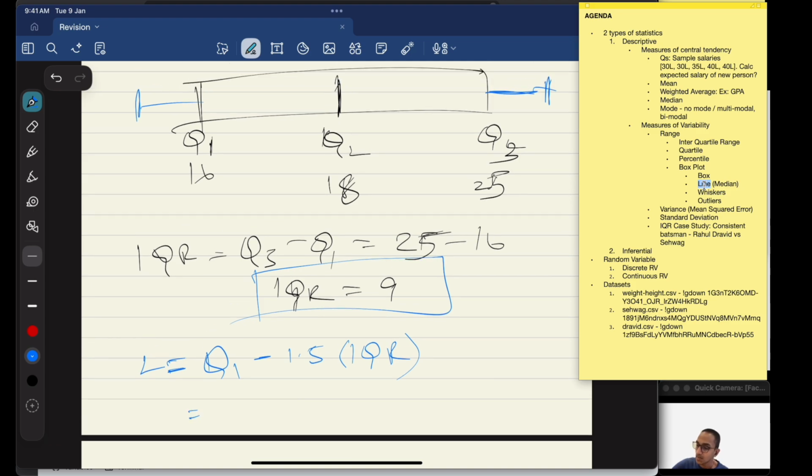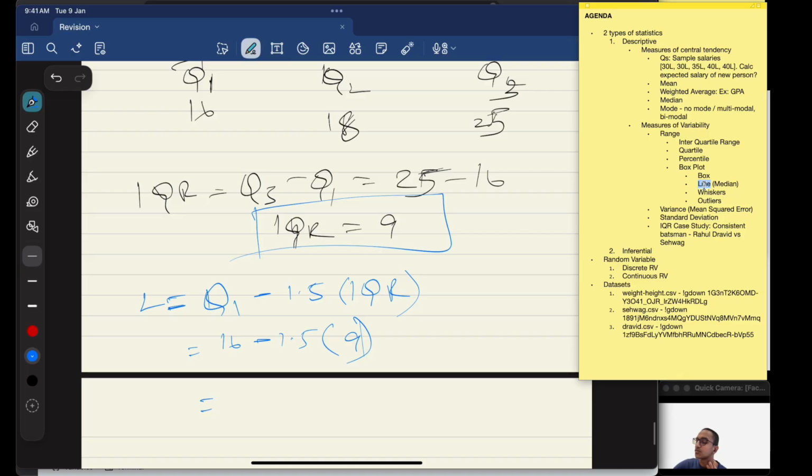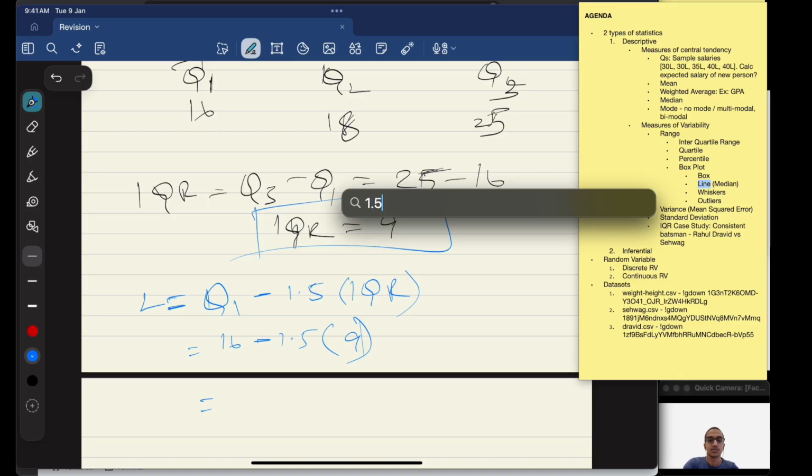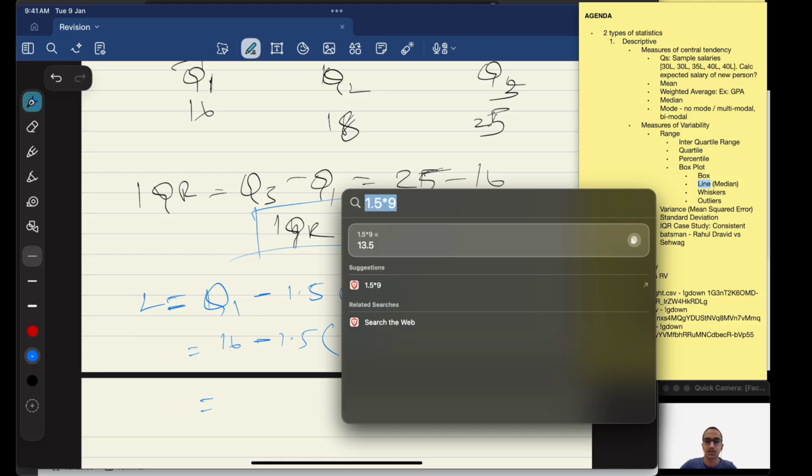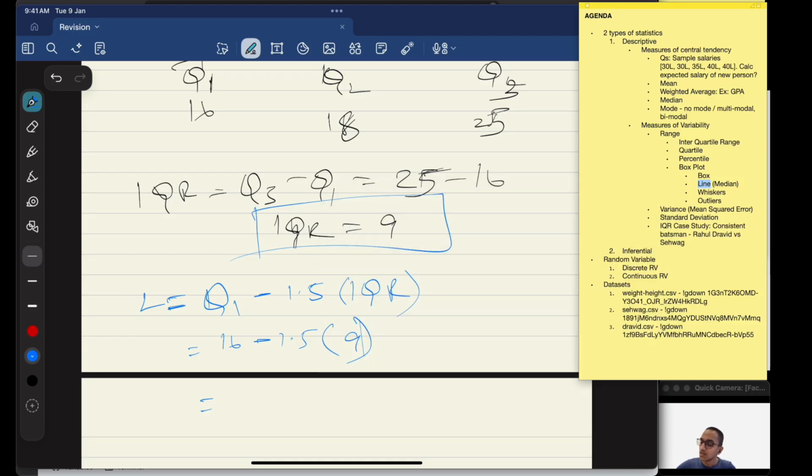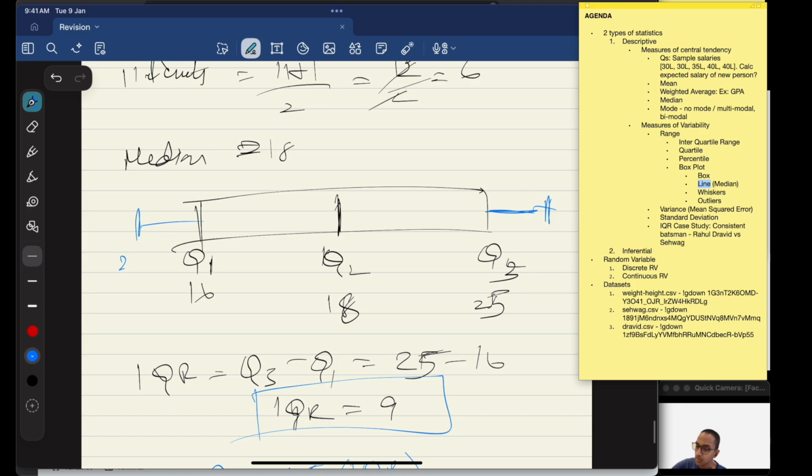Q1 is 16 minus 1.5 times IQR, we know here it's 9. So 1.5 times 9 is 13.5. So 16 minus 13.5 is 2.5, right? So the lower limit is 2.5.